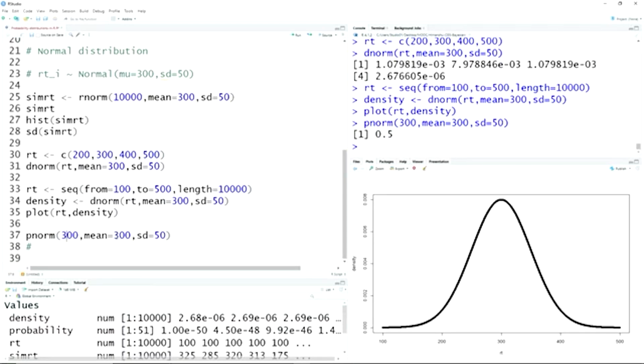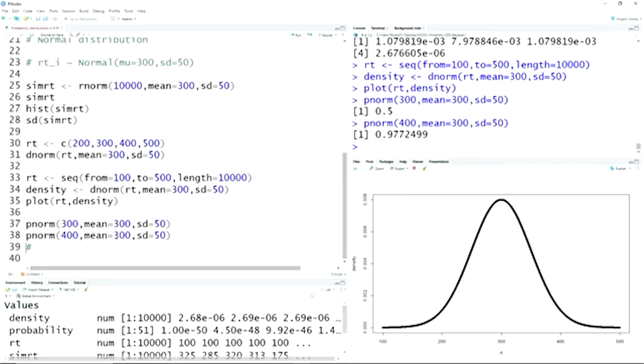So let's say you want the area under the curve between 300 and 400. This thing is giving me the area under the curve from minus infinity to 300, and this thing would give me the area under the curve between minus infinity and 400, which is 0.9772 something.